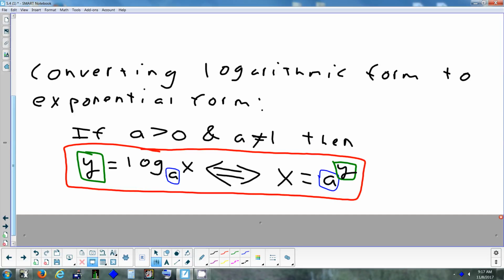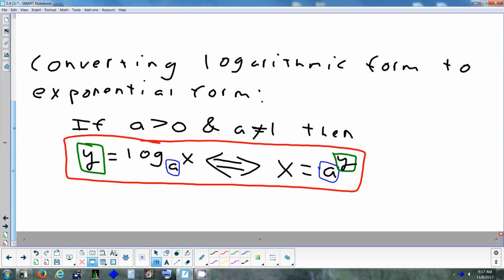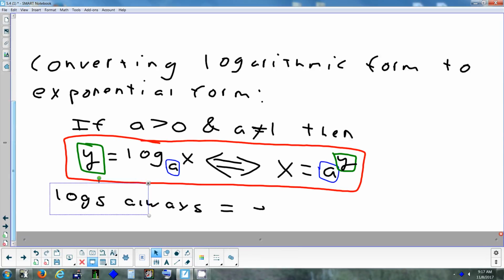All right, so that's the a. The next thing is what's in the green box. Logarithms always equal exponents. So logs always equal exponents. That's what a log is.